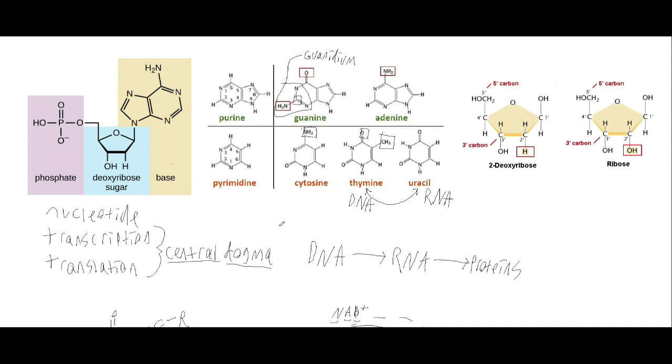This playlist is a nutrition playlist, and this maybe doesn't seem like it has that much to do with nutrition. We do eat DNA when we eat anything. It's made out of cells and it contains DNA, but we don't really get much nutrition value from DNA or from these nucleotides.